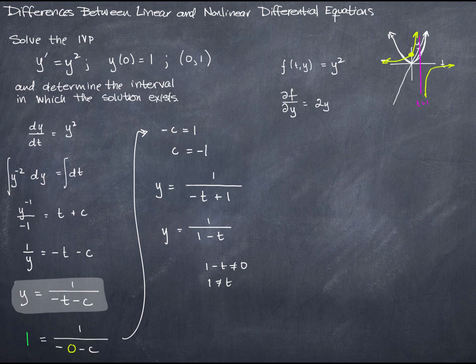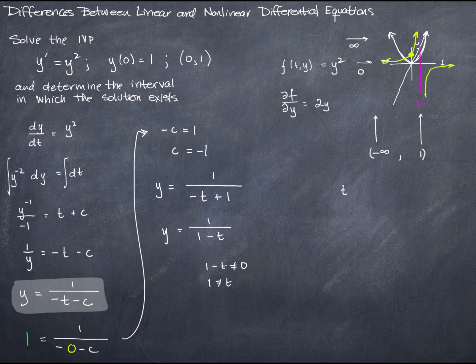And so since I have to define a rectangle, I need lower and upper bounds on t, and then also lower and upper bounds on y. And t, we can see, goes up to 1, but does not include 1. And there's no lower bound, so we have negative infinity. On y, we can get all the way down to 0, but there's no upper bound, so we have positive infinity.